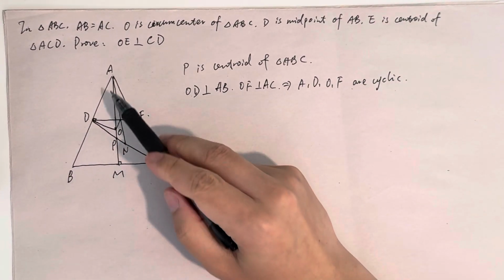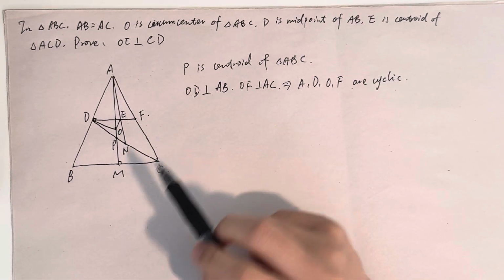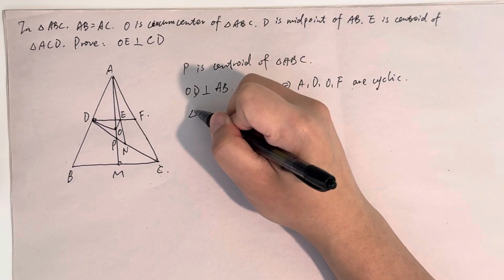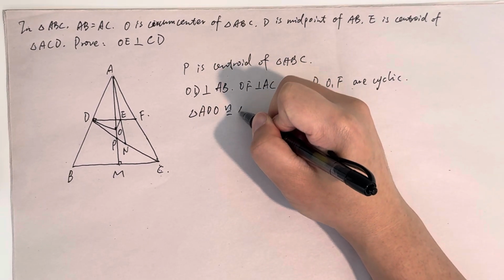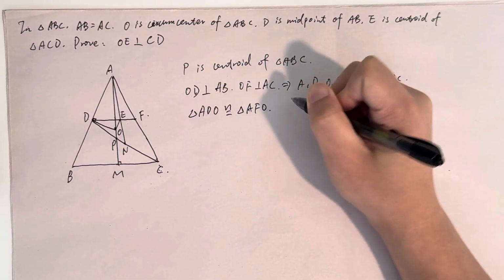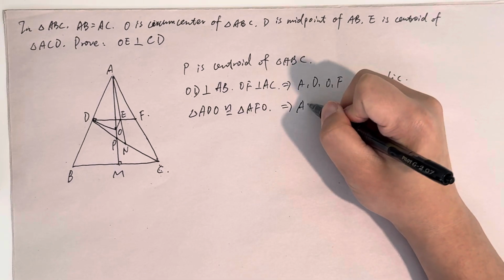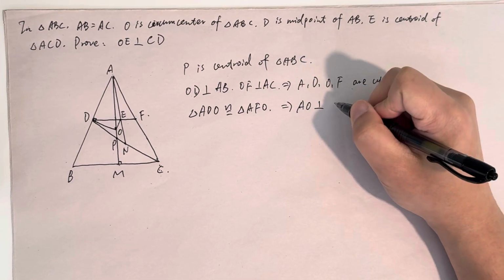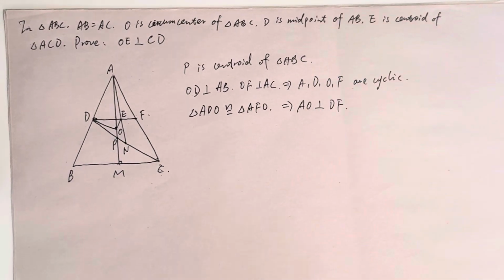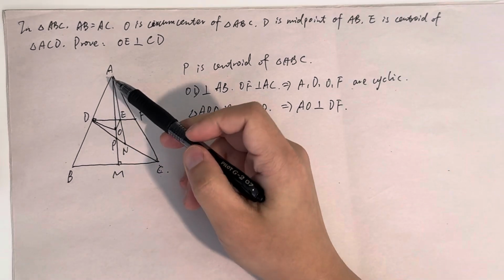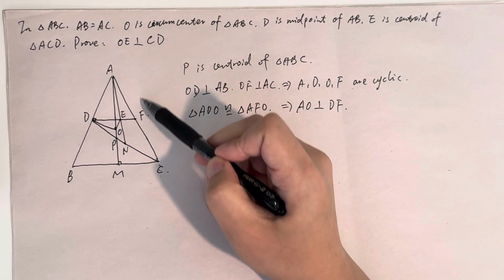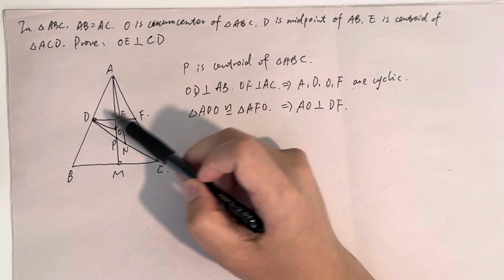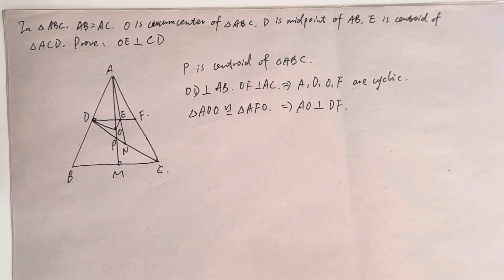And also we know AB equals AC. It tells us that triangle ADO is congruent to triangle AFO. Also, AO is perpendicular to DF, because A is the midpoint of arc DF. So AO is perpendicular to DF.